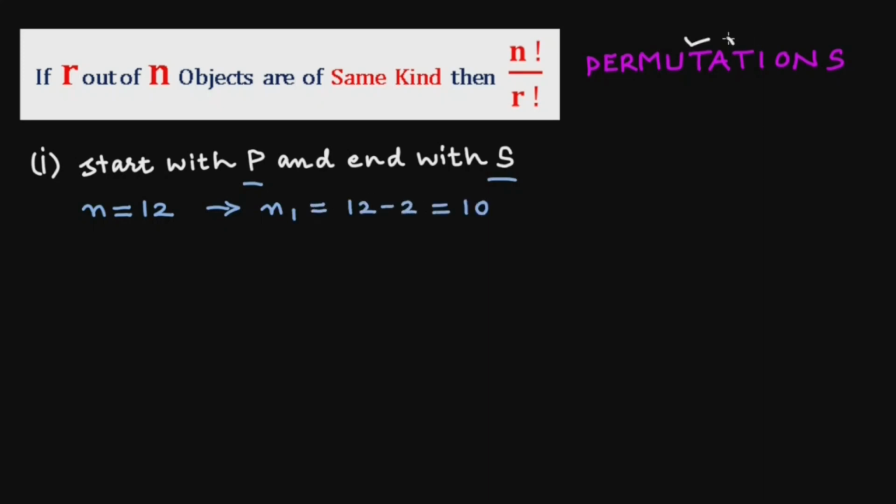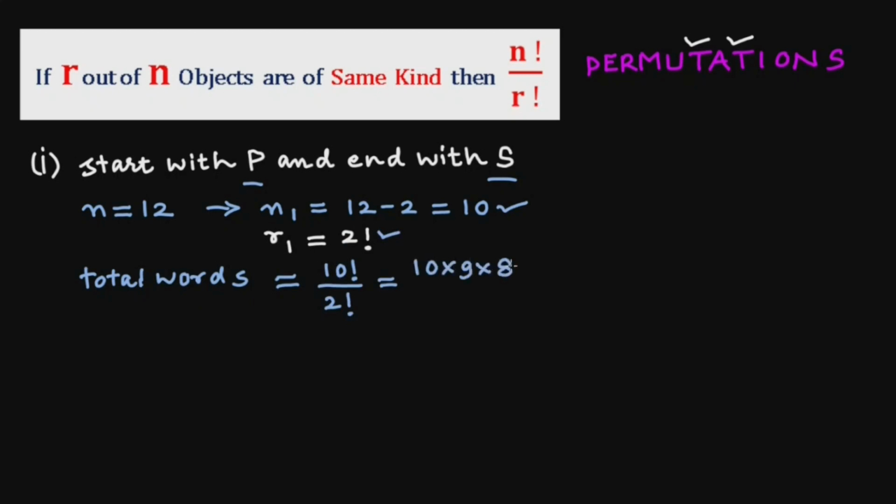There are two T's, say r1, which are of the same kind, and they can interchange between them in 2 factorial ways. So total such words will be 10 factorial upon 2 factorial, which will be 10 multiplied by 9 multiplied by 8 and so on multiplied by 3 multiplied by 2 factorial upon 2 factorial, cancelling 2 factorial.